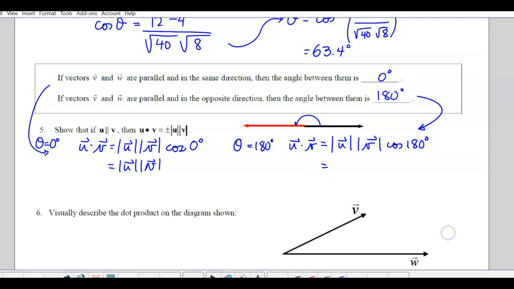Cos of 180 is -1. And u and v are parallel in both of these. So there's the positive case and the negative case.